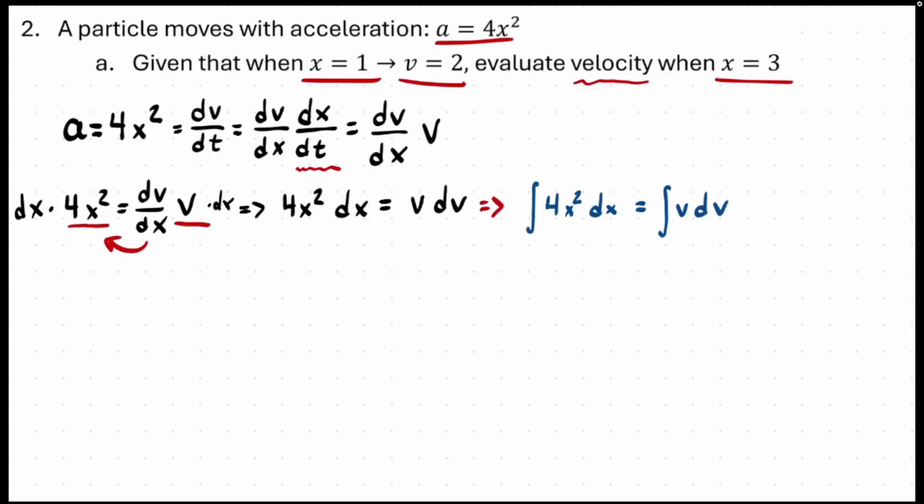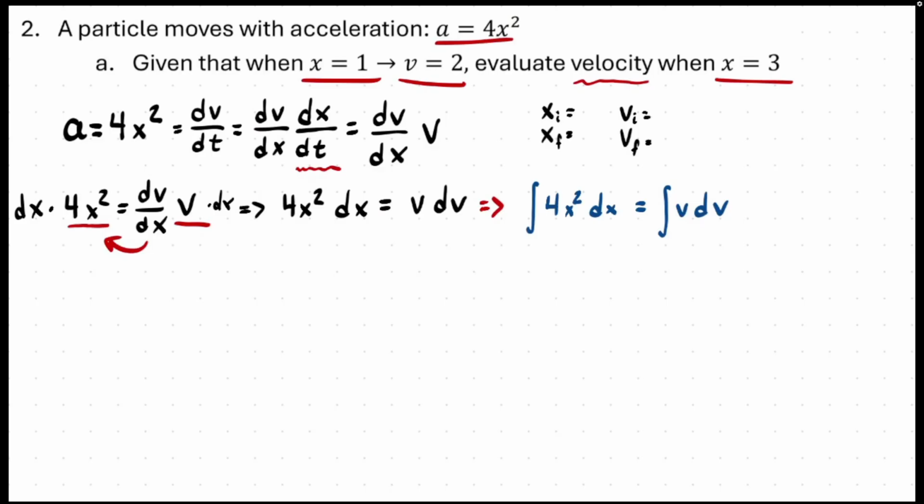We need to know our bounds here. So let's see what bounds we have. Our x to start and our x to finish, that's just i and f, and then our v to start and our v to finish. So initial and final velocity and position.